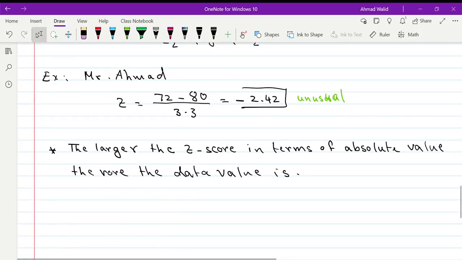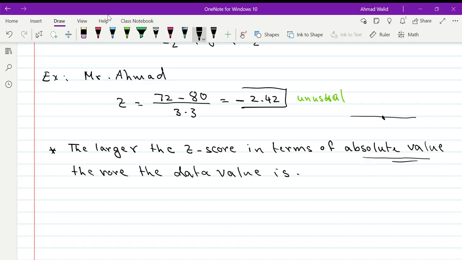Look, absolute value of negative 2.2. I use the word absolute value because if you go to the left side of your mean, all the Z scores are negative, but their absolute value is actually greater than 2, right? 2.42. Or negative 3, the absolute value of negative 3 is 3, correct? That's outside of negative 2 and 2, correct?